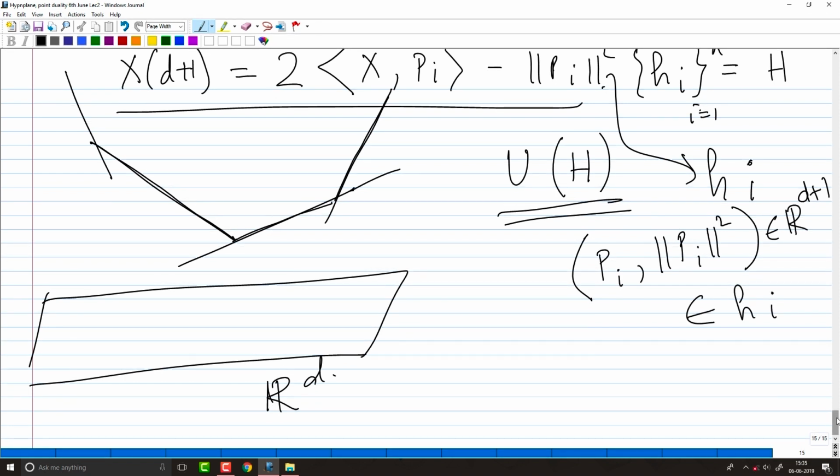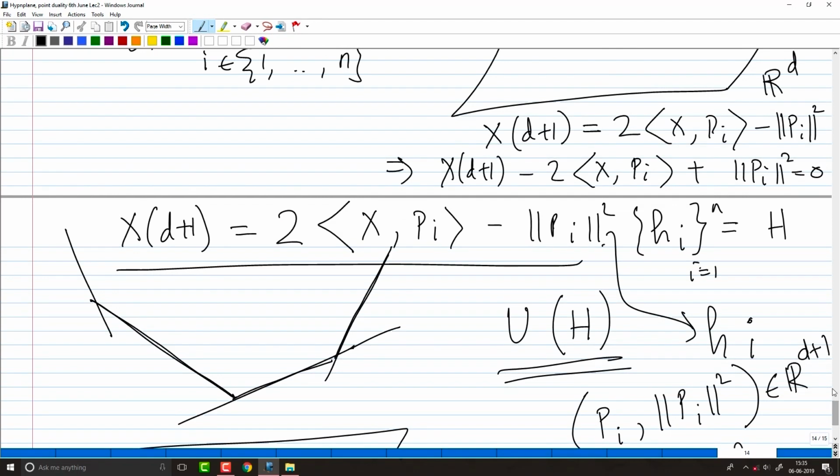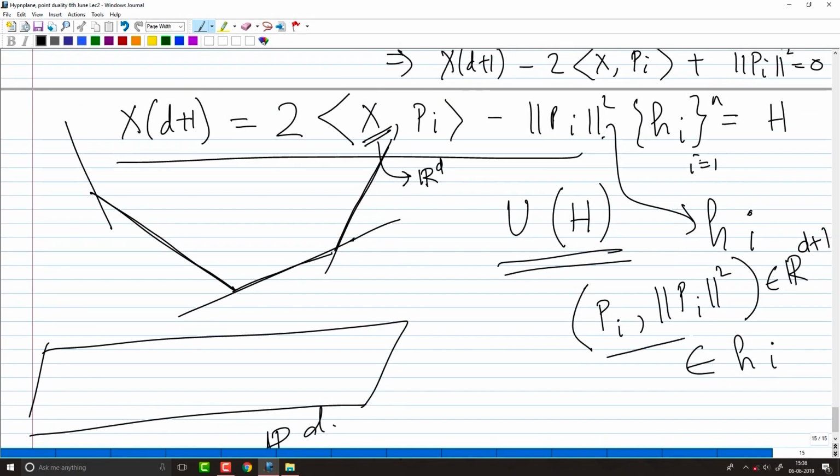Just substitute. It does, right? This point pi is in R^d, but the lifted point is in R^(d+1). So this point exactly lies on this hyperplane. Where does this point lie? On the paraboloid in R^(d+1).